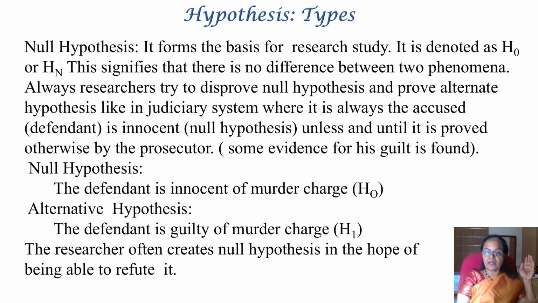It is also denoted by the letter HN, N for null. And this signifies that there is no difference between two phenomena. So always null hypothesis tries to establish that whatever difference you see between two phenomena or two variables is purely due to chance or sampling error.